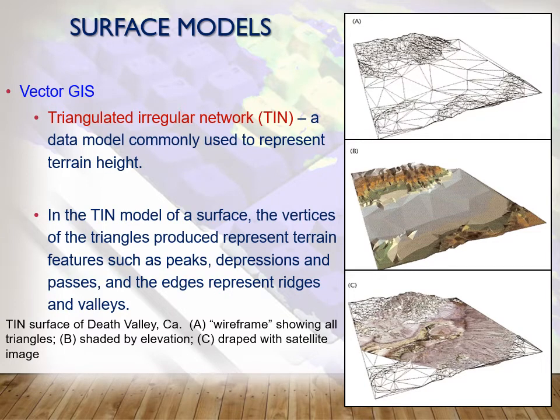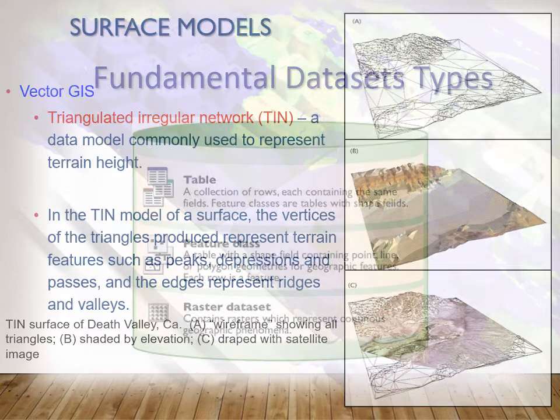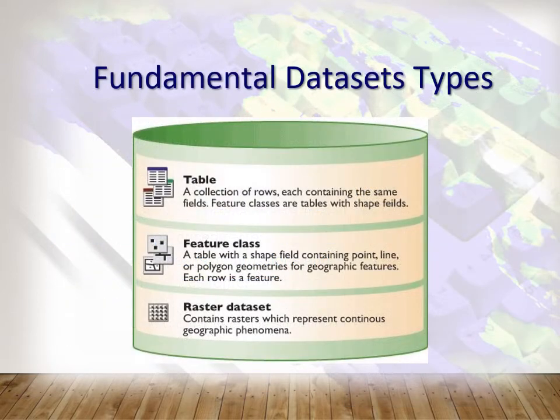And what's interesting is you can actually drape on top of this tin satellite images, you can drape buildings, and other kinds of vector and raster data. You will learn later on in GIS that the tin is best represented in a 3D representation of Earth, and that's often done in a program called ArcScene.